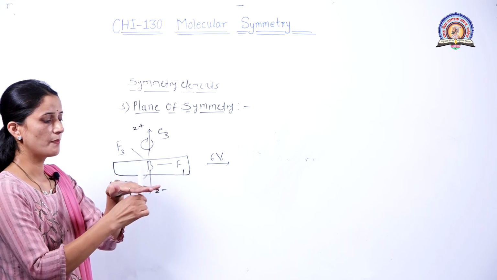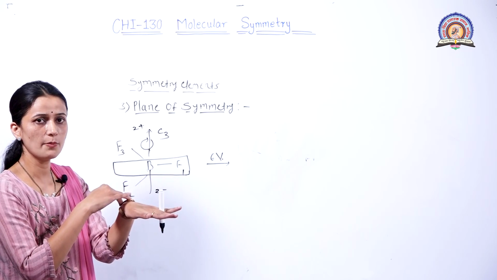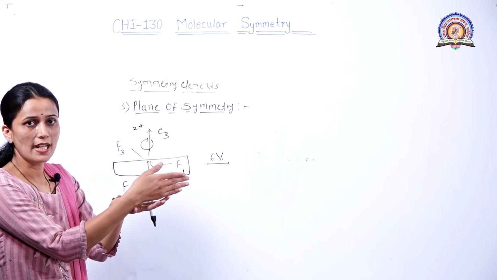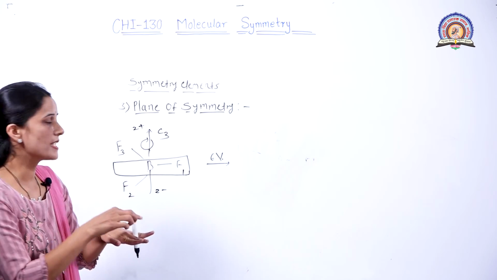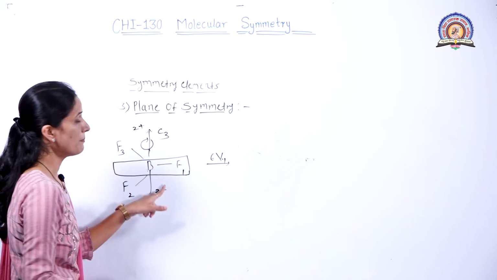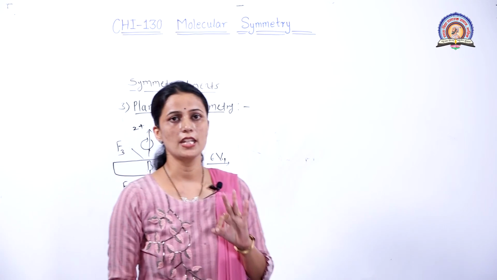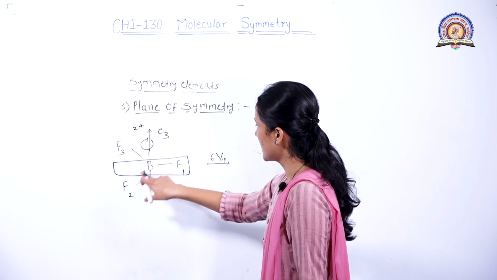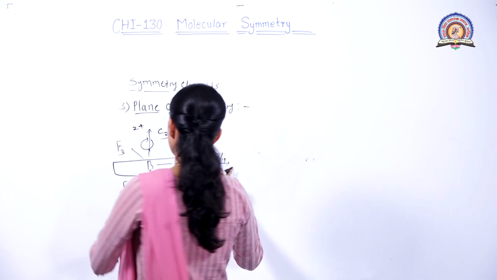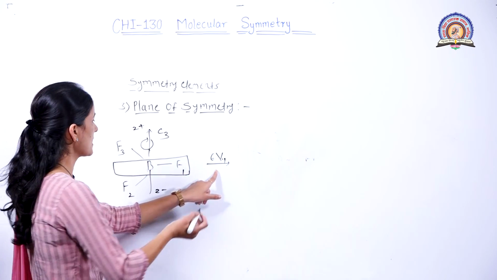Suppose this is your sigma v1, because in the BF3 molecule 3 sigma v are possible: sigma v1, sigma v2 and sigma v3. So after the operation with sigma v1, what will be the changes?